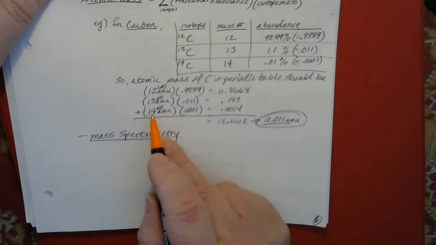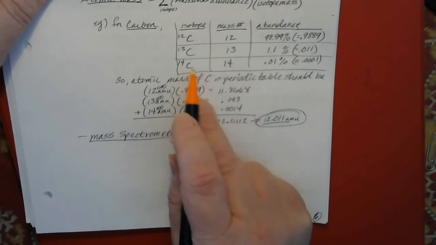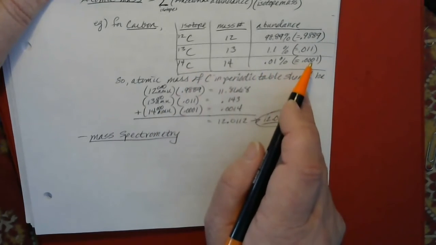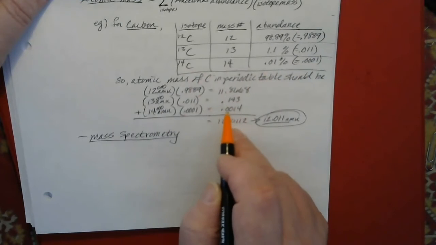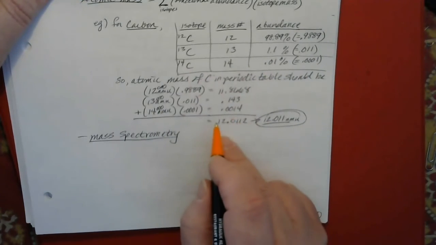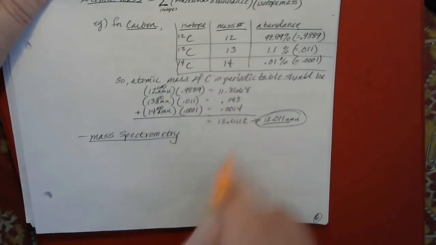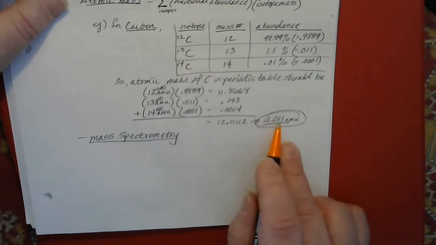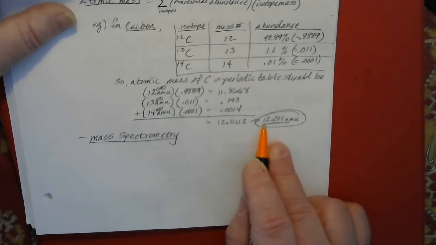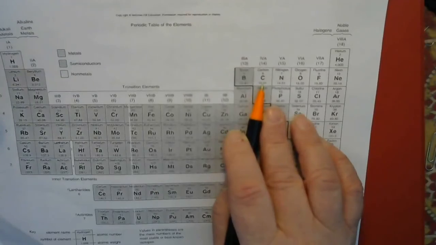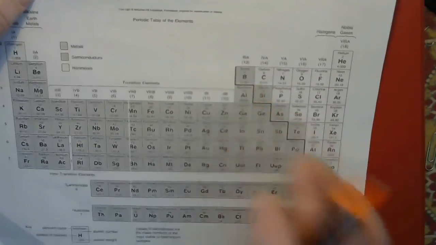And then you take 14, which is the mass of carbon-14, times its abundance, which is 0.0001, and you get 0.0014, and you add all of those up, and you get 12.0112. And a lot of periodic tables will report the mass of carbon as 12.011. Ours cuts it down to 12.01. But anyway, that is how you get the number.